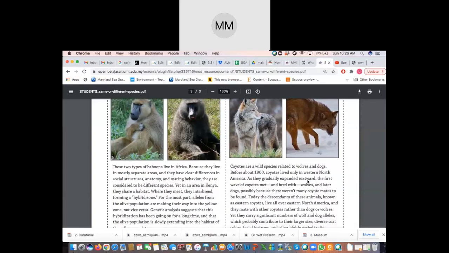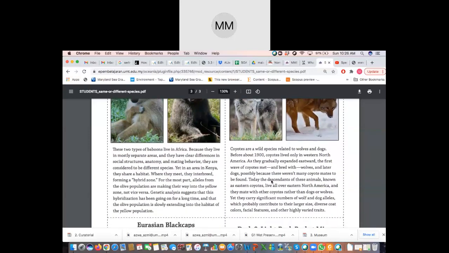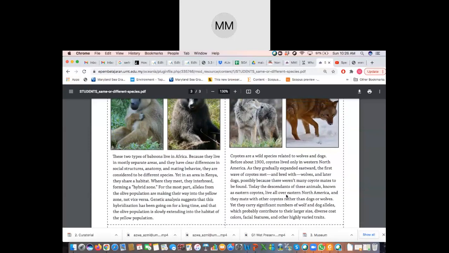As they gradually expanded eastward, the wave of coyotes met and bred with wolves and later dogs, possibly because there weren't many coyote mates to be found. Today, the descendants of these animals, known as eastern coyotes, live all over eastern North America, and they mate with other coyotes rather than dogs or wolves. Yet they carry a significant number of wolf and dog alleles, which probably contribute to their large size, diverse coat colors, facial features, and other highly variable traits.